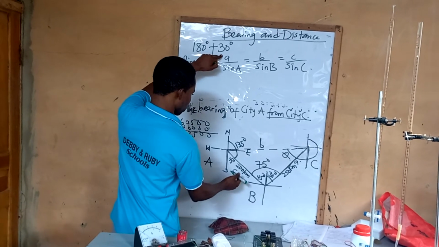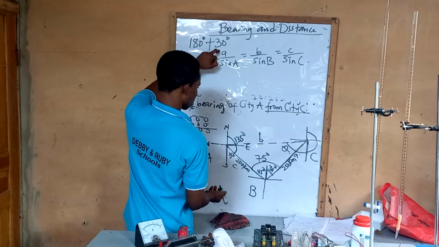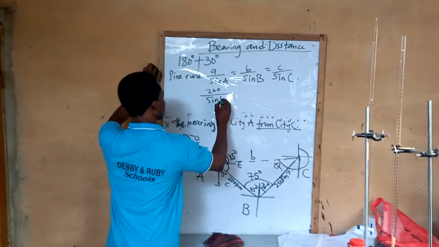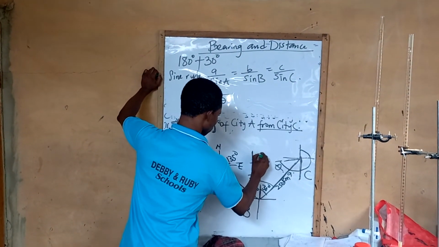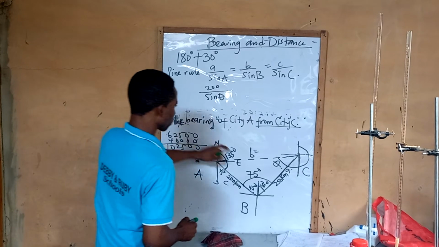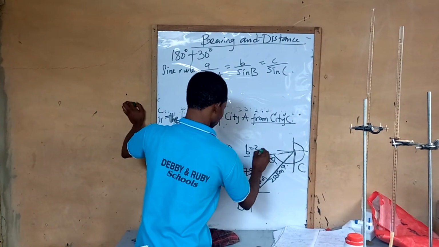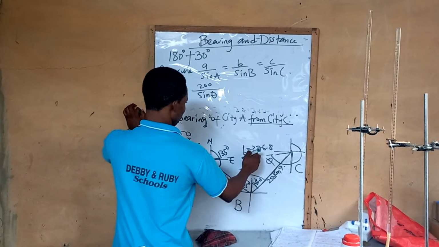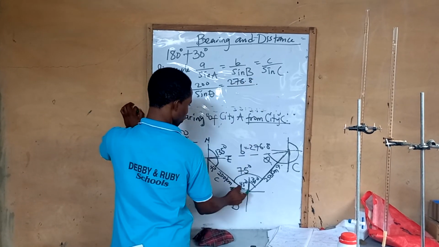I can say 200 over sine theta, I'm looking for, but I've gotten this. Don't use an approximated value here. I got it as 276.8. So 276.8 goes here, all over, what is this?